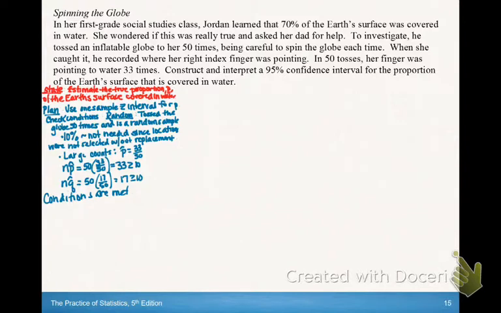We stated what we're going to do. We planned how we're going to implement all of that. So now we're going to do the work. So now we'll do. So remember, what we want to do is we want to construct the interval. So to do that, we need to find, it's a 95% confidence interval.